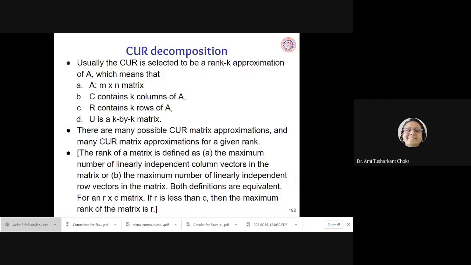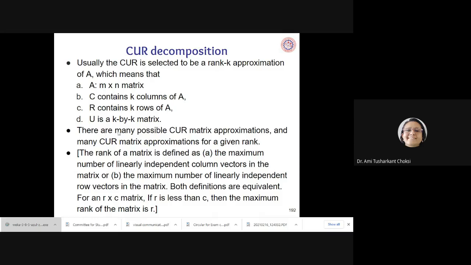Let us see. Usually the CUR is selected to be a rank K approximation of A, which means that A, an M cross N matrix, C contains K columns of A, R contains K rows of A, and U is a K by K matrix. Fine.